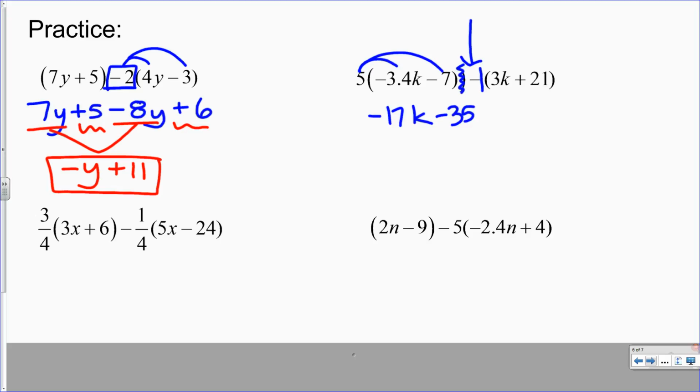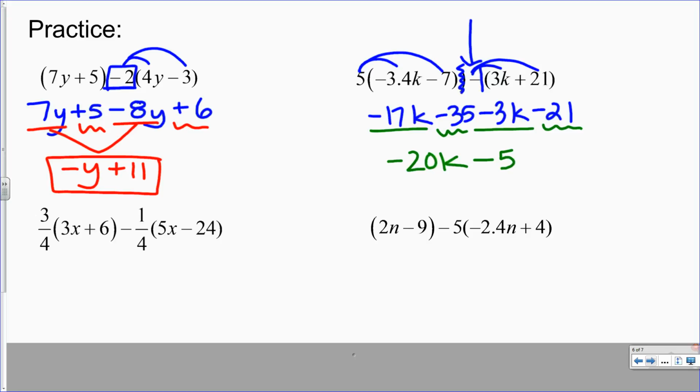It's like a negative 1, which means you have to distribute or multiply a negative 1 through. So negative 1 times 3 is negative 3k. And a negative 1 times a positive 21 is a negative 21. So at this point, I can go ahead and combine my like terms. I have negative 17 minus 3, which is negative 20k. And I have a negative 35 minus 21. Both are negative, so you add, which is 56, and keep the negative.